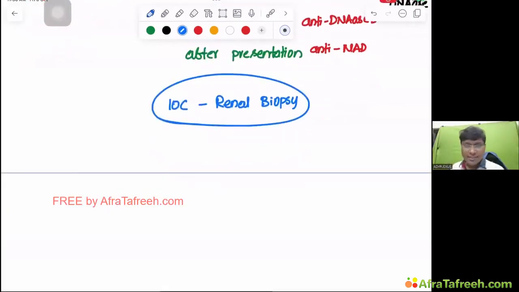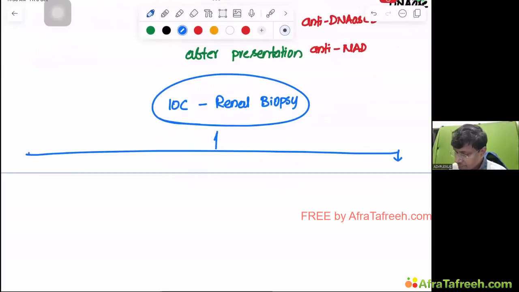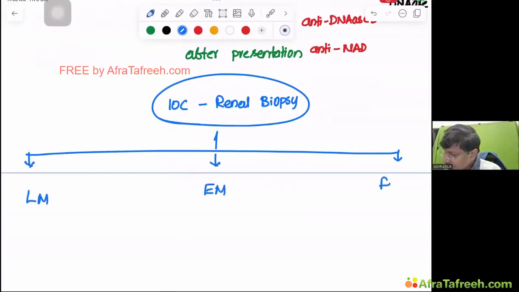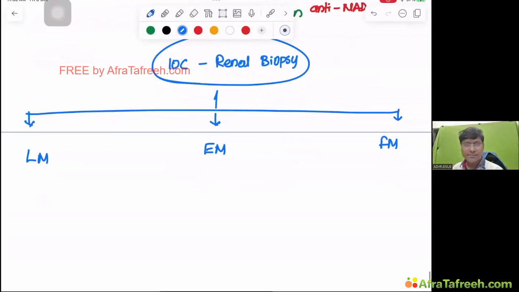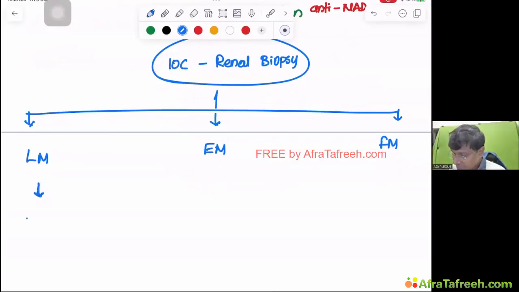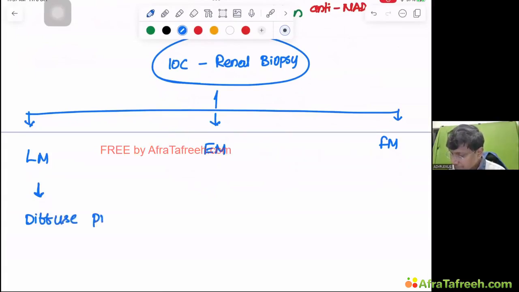Now, what does the renal biopsy show? You have to observe that renal biopsy under light microscopy, electron microscopy, and then fluorescent microscopy. So in the light microscopy, you will notice that there is diffuse proliferative glomerulonephritis.